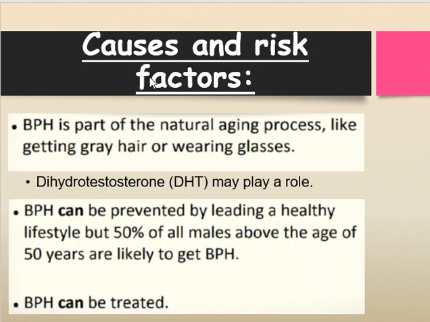Causes and risk factors: as we saw, no textbooks or evidence show a proper cause of BPH, but it is a part of the natural aging process, just like your hair gets gray or your visual acuity gets lower as you age.